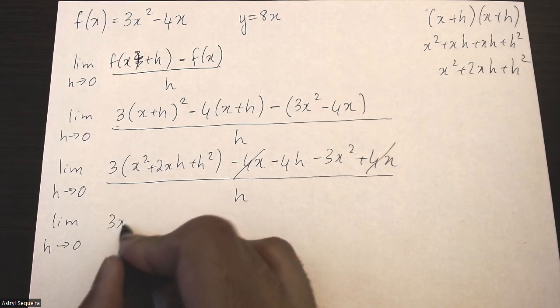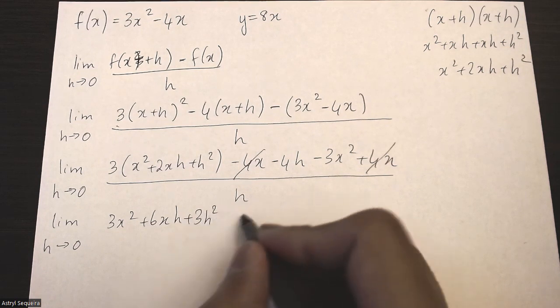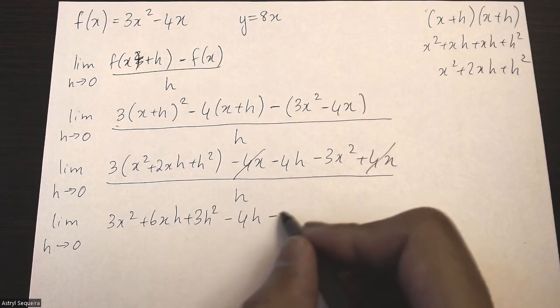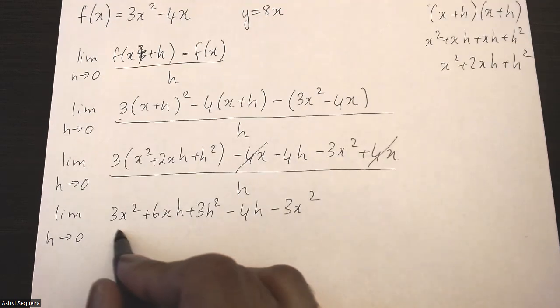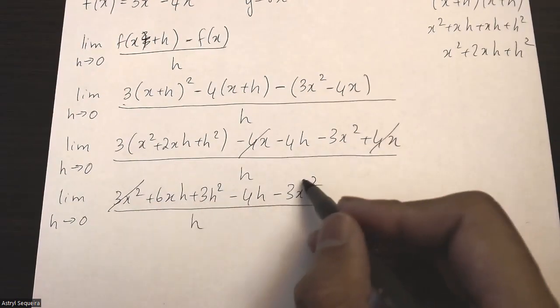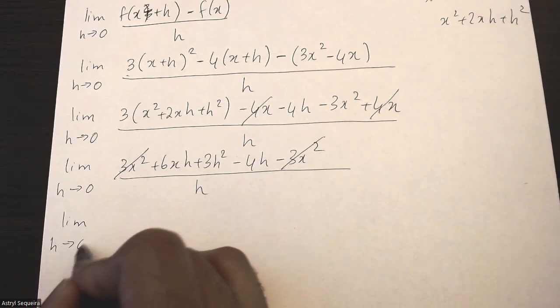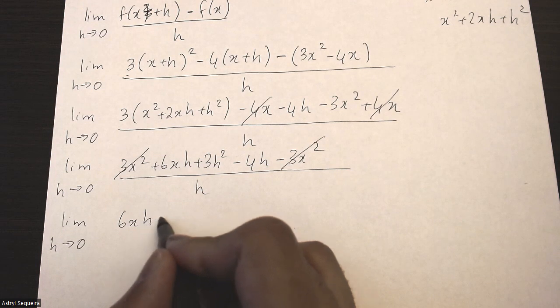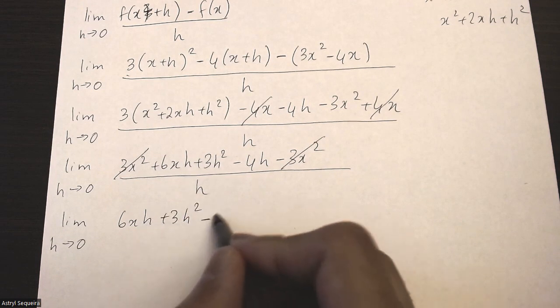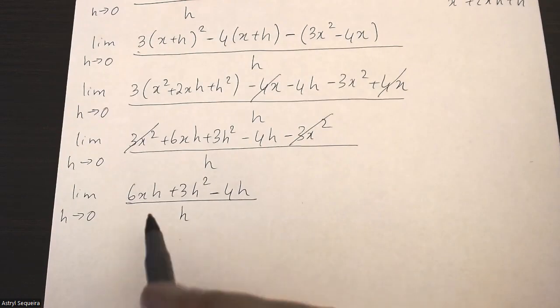That is just 3x squared plus 6xh plus 3h squared minus 4h minus 3x squared. It's again divided all by h. These cancel out. And now I'm just left with 6xh plus 3h squared minus 4h divided by h.